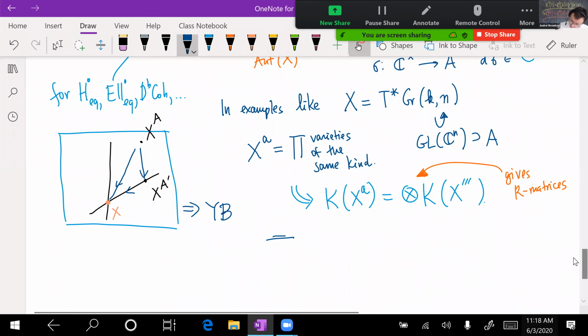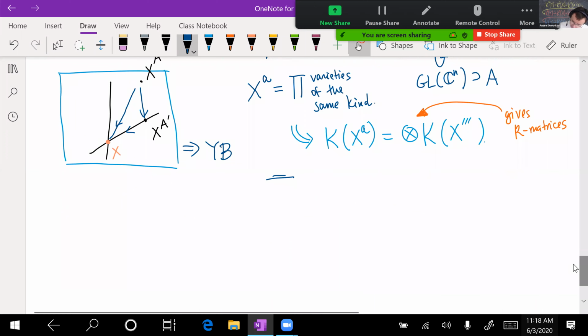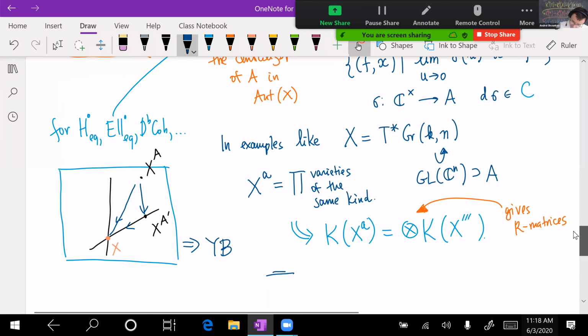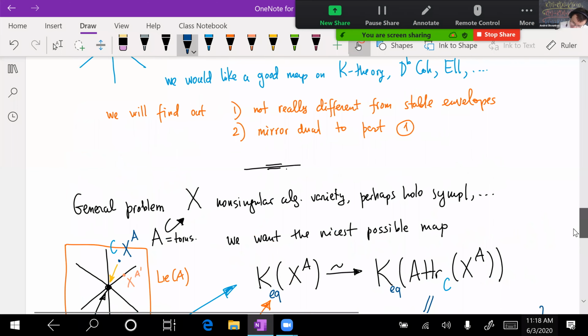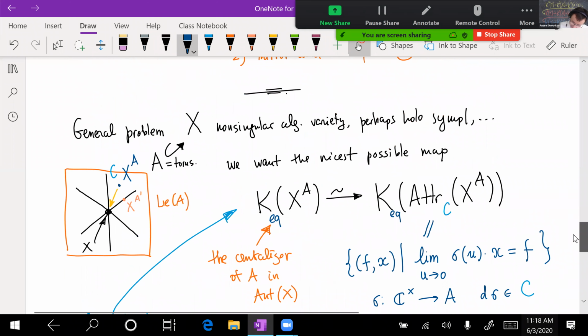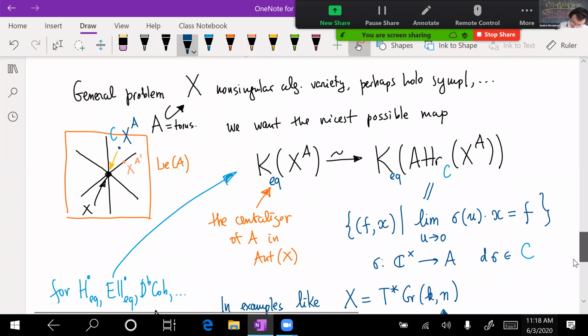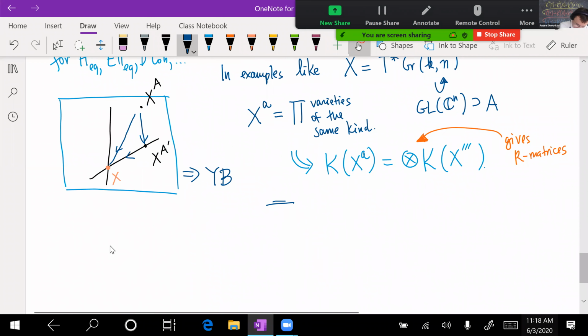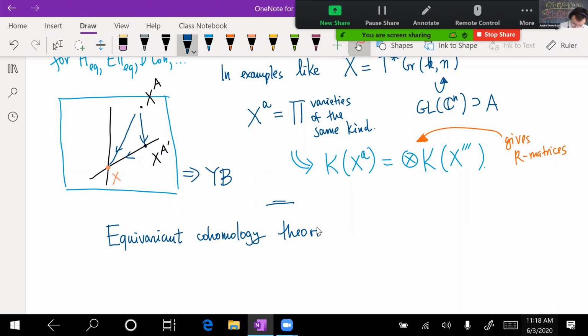This will occupy us for some time, because to construct the map, you need to understand the source and the target of this map, and it's some kind of K group here. So what will occupy us for some time is a discussion of equivariant cohomology theories.